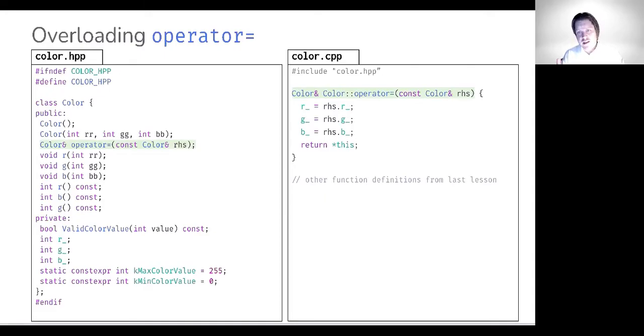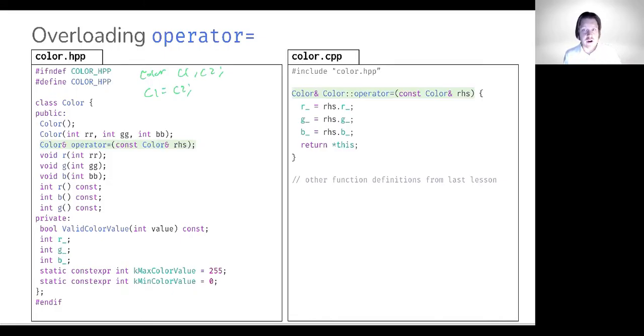By default, essentially what's going to happen is the compiler will perform a memberwise copy. So if we have, say, two color objects, what it means to write C1 is equal to C2 is that essentially C1 will get the corresponding values in C2's fields.